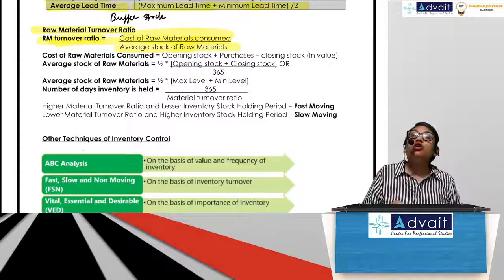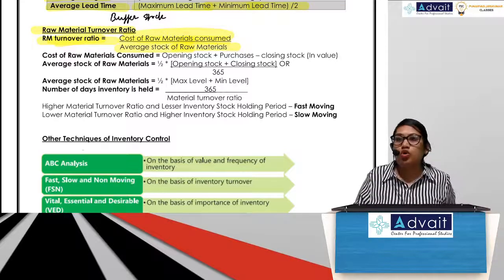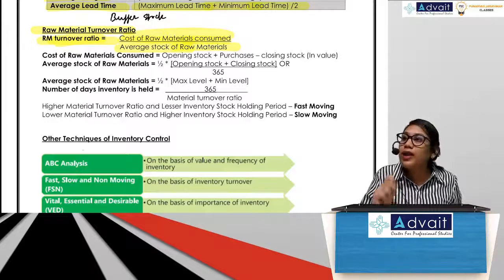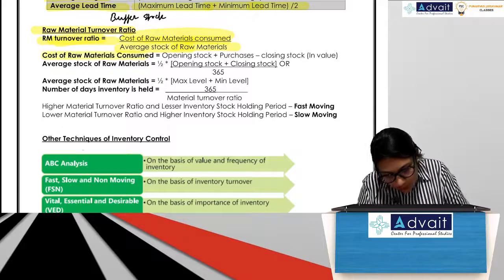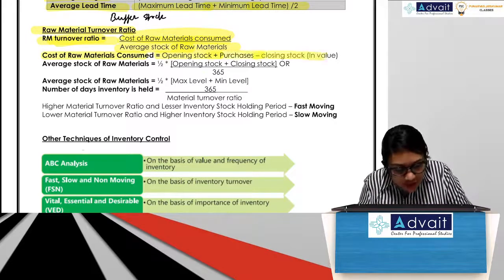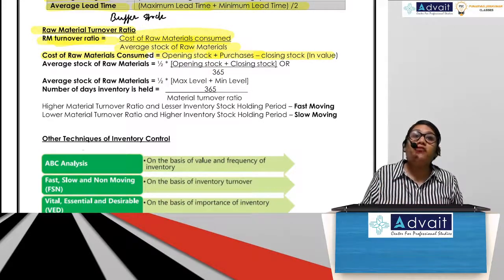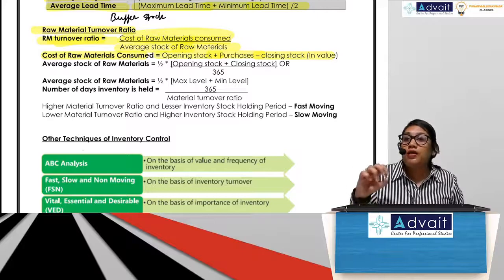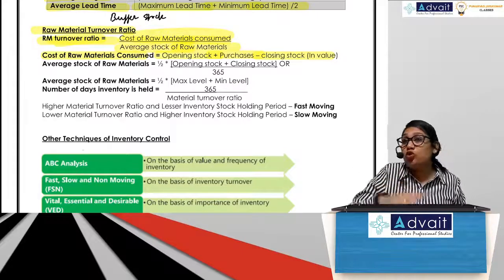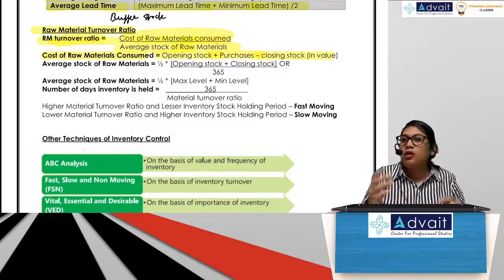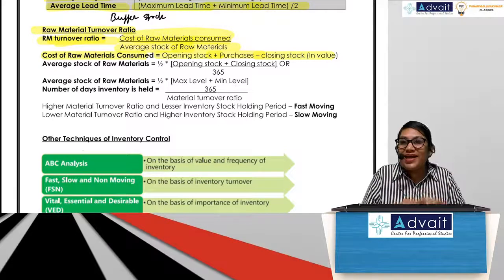Now how to calculate the raw material turnover ratio? The numerator part, the raw material consumed. How do you calculate raw material consumed? Opening stock plus purchases minus closing stock in value. If opening stock is valued as per the previous period's cost, then it is always better to take value.